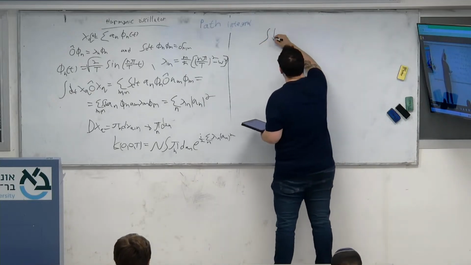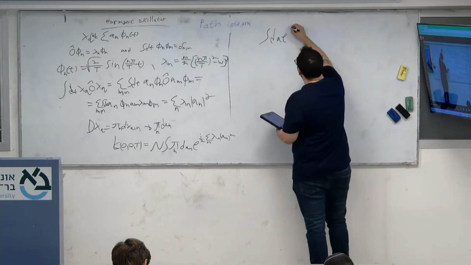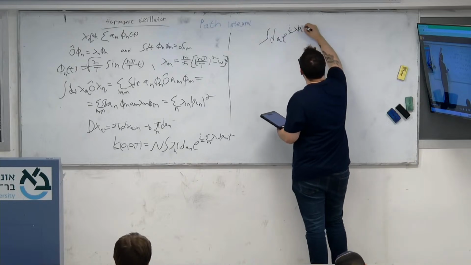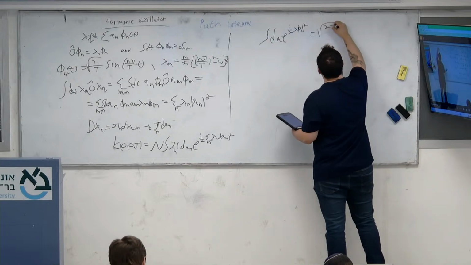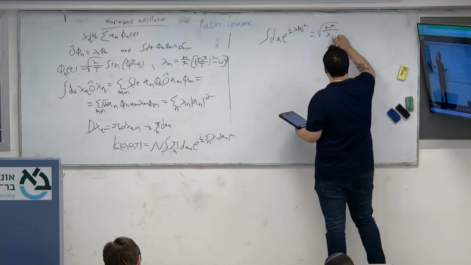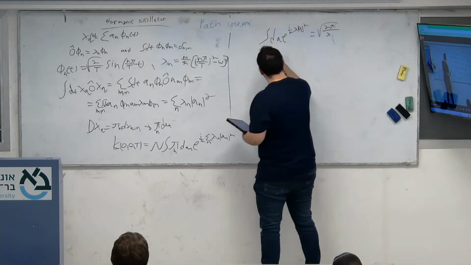The general solution for the Gaussian integral of i divided by 2 lambda a absolute value squared would be equal to the square root of 2 pi i divided by lambda. Right?